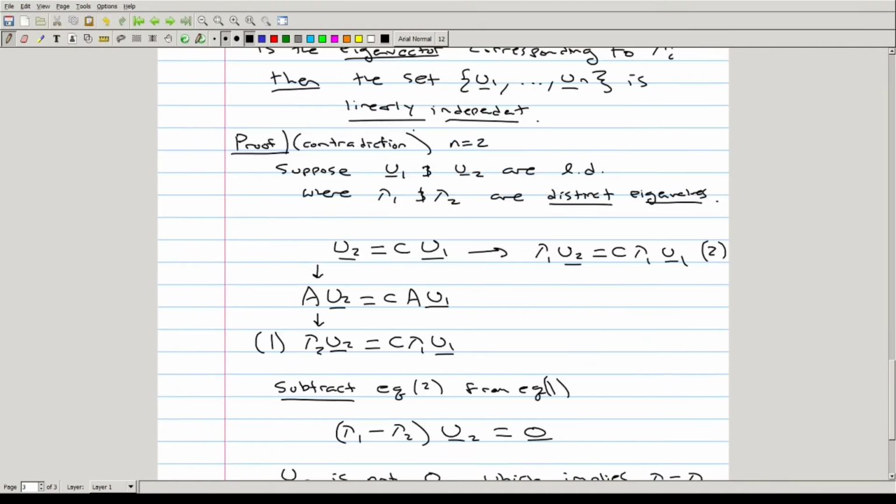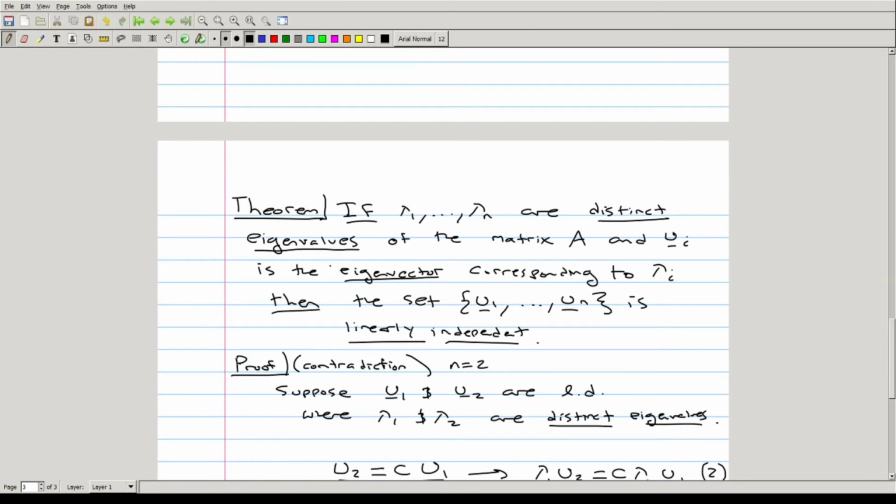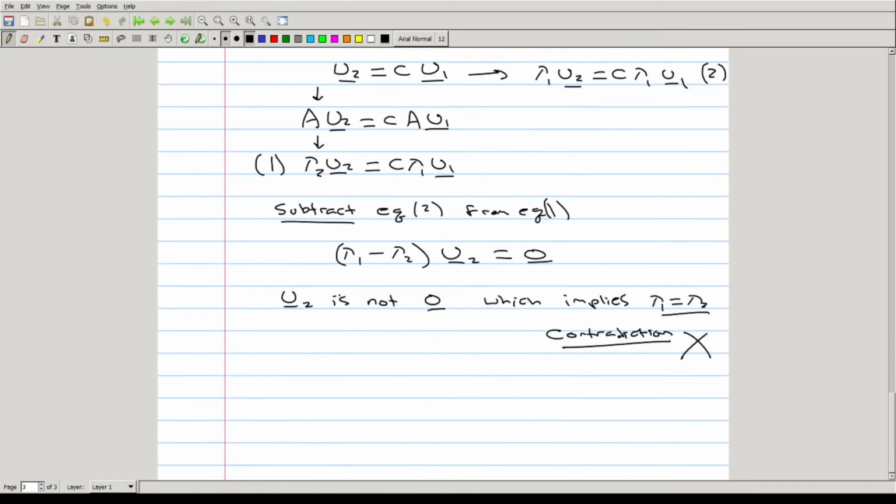So therefore, we've proven our theorem for the case n equals 2. For n greater than 2, the result follows from induction, mathematical induction, which is a proof technique typically gone over in a discrete mathematics course.